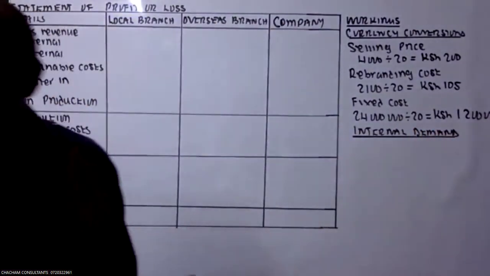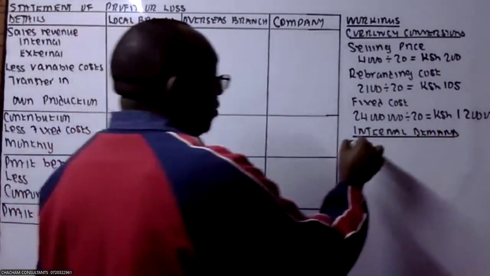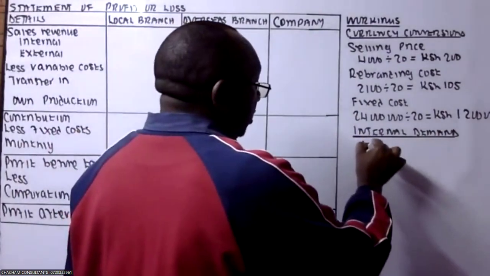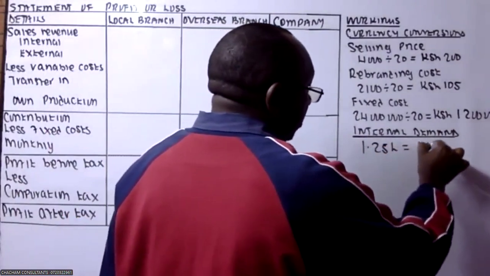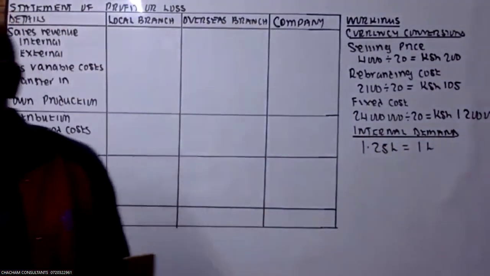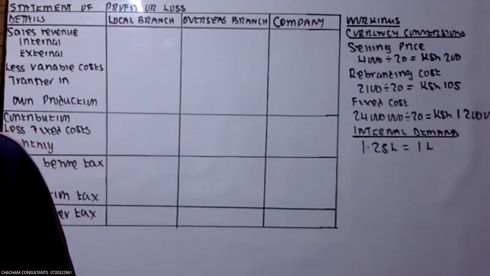So internal demand, they are saying that 1.25 liters are giving us 1 liter of powdered output.